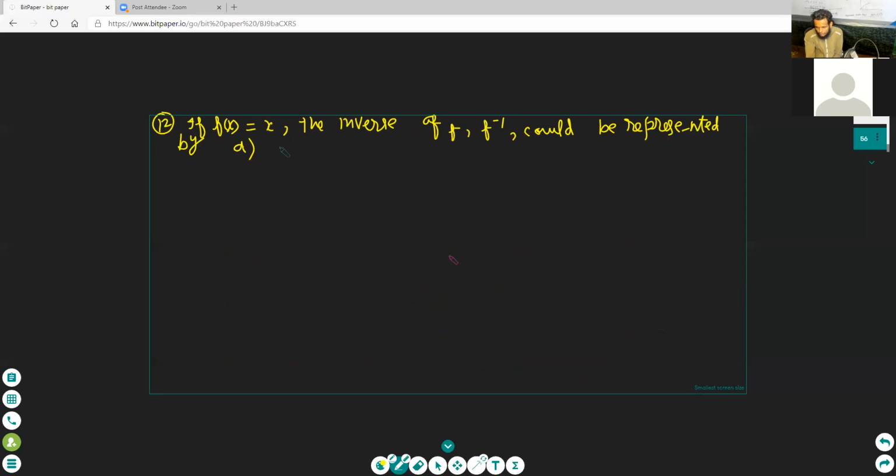Okay, inverse of f, f inverse x is equal to x. Okay, and you should find it. Option B, f inverse x is equal to 1 by x, and option D is f inverse x is equal to y. Okay, and option E, f inverse does not exist.